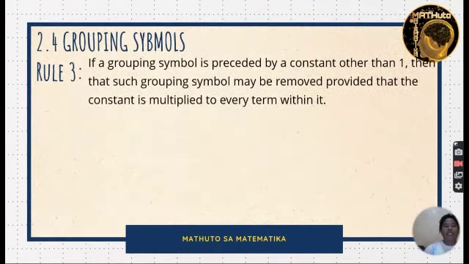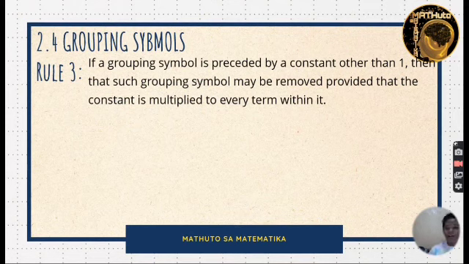Rule 3: if a grouping symbol is preceded by a constant other than 1, then such grouping symbol may be removed provided that the constant is multiplied to every term within it. We're going to use the distributive property here if we have a number before the grouping symbol.